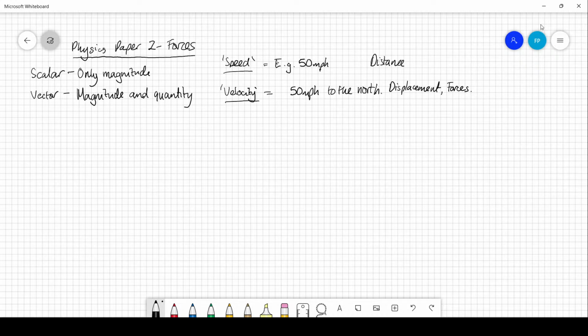Now we've got a few types of forces. There can be a contact force or a non-contact force. As the name suggests, for contact forces, two objects have to be in contact with each other for this force to happen. Examples of this could be friction.